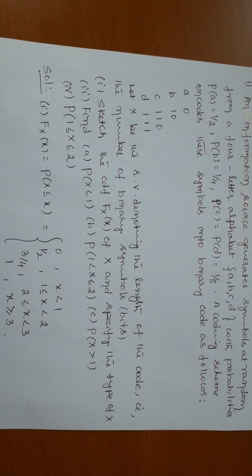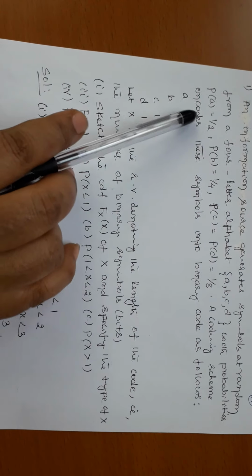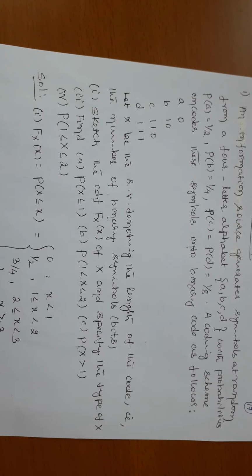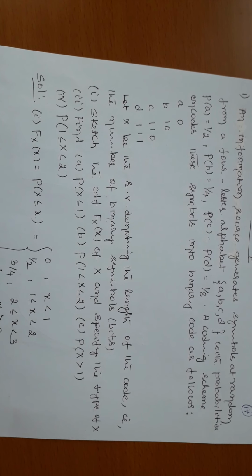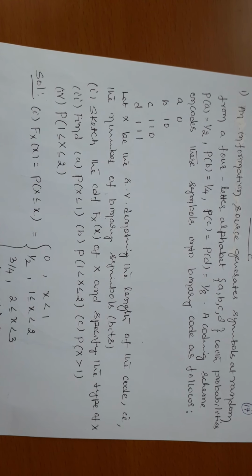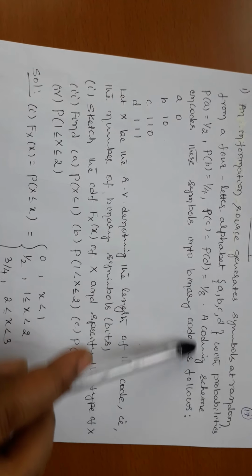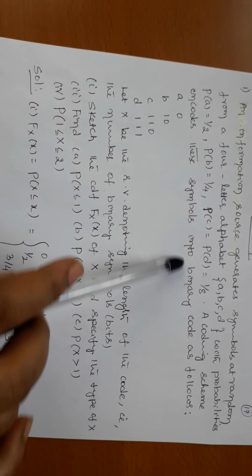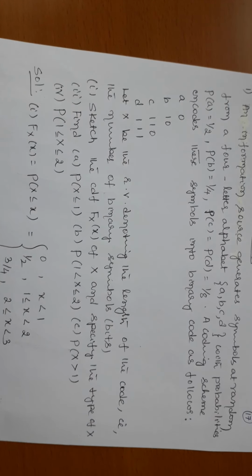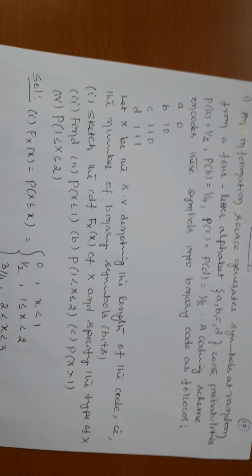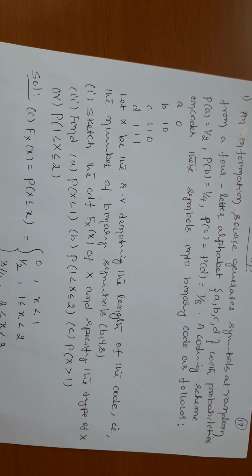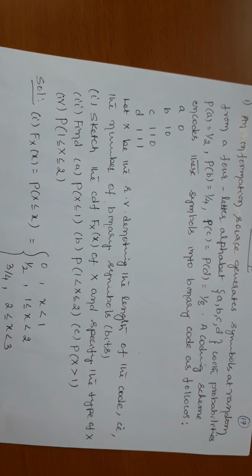You know P of A is 1 by 2, P of B is 1 by 4, P of C and P of D are 1 by 8, and the coding scheme encodes the symbols as A is 0, B is 10, C is 110, and D is 111.